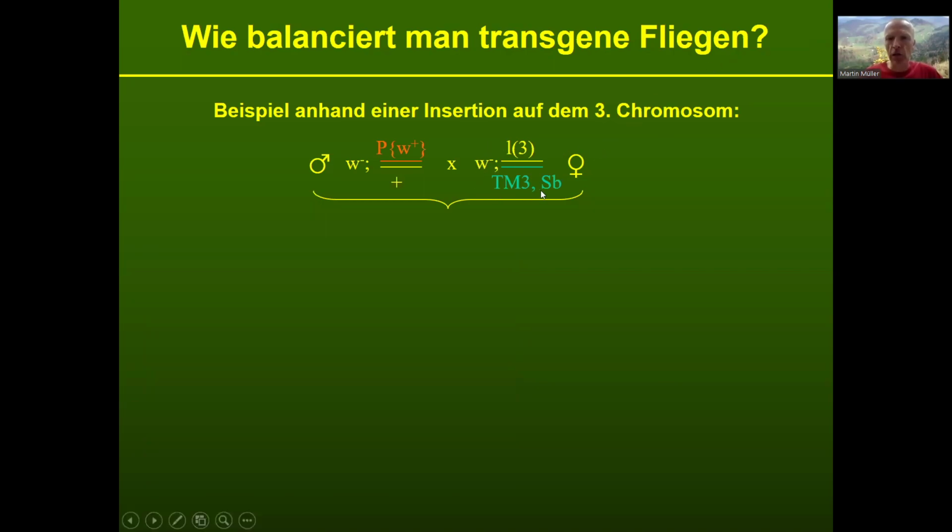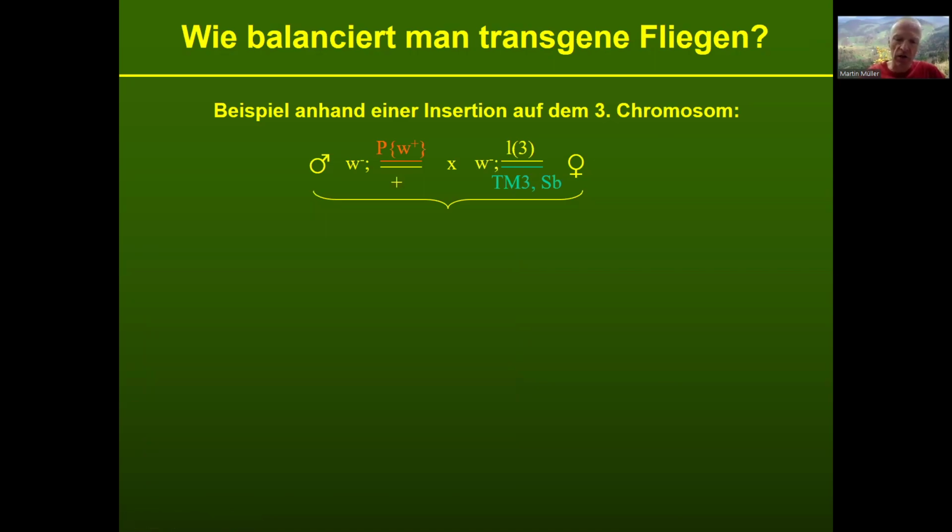For that, we cross this male here with females, which we take from a stock which we are also keeping. It is white minus on the X. That's important. It has a lethal mutation on the third, balanced over TM3. So blue is the balancer chromosome.